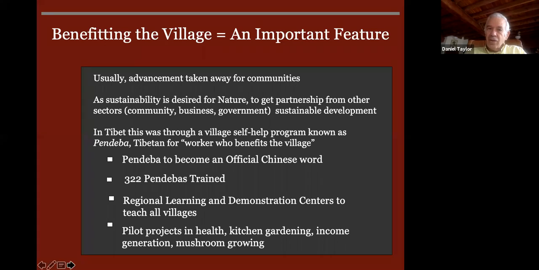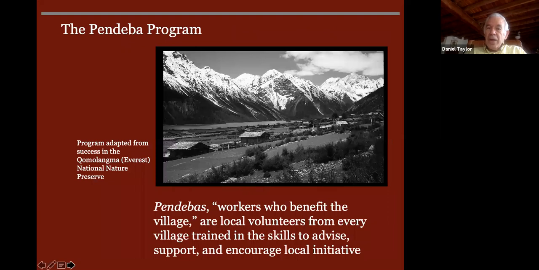And the last time I described the Pendaba project. And we mentioned how Norbu, who was a student in this master's program, developed this Pendaba program and won the United Nations Equator Prize. The people are benefiting. The people are benefiting within the context of national awareness. The people are benefiting within the context of positive examples and using local resources.